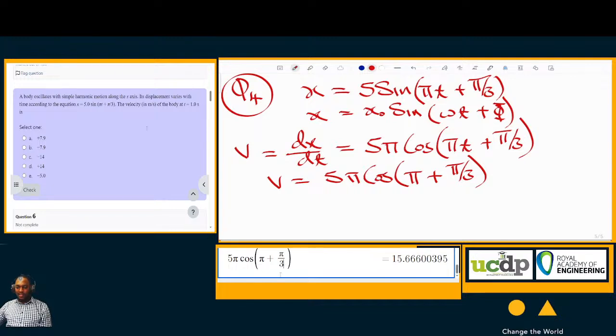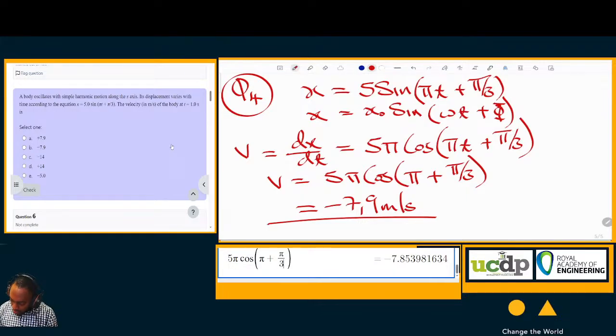Oh, it's in degrees. I just said don't forget to put your calculator in radians, and I've just forgotten. So your velocity will be negative 7.9 meters per second. So don't forget to put your calculator in radians when you punch in for the velocity.